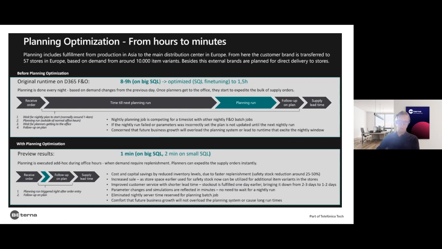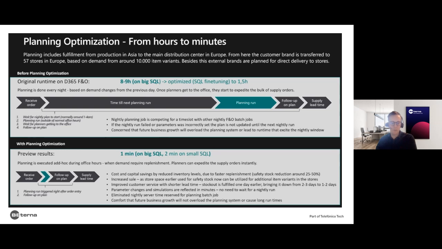Now, I'm going to tell you a little bit about a case study done by Microsoft. They had a large retail customer with stores spread out around Europe. They had quite complex planning, with own brands that were produced overseas and shipped to their DC, and also external brands that were sent directly to the store. They had a very large database with many different variants.